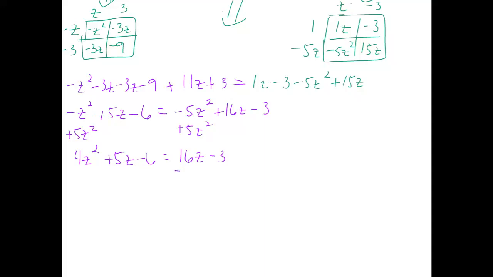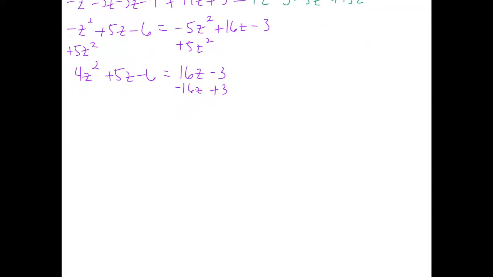So I'm going to subtract over the 16z, and while I'm at it, I'm going to add over the 3 right away too. So once we do that, we will have 4z squared minus 11z, and then we'll have minus 3 equals 0.